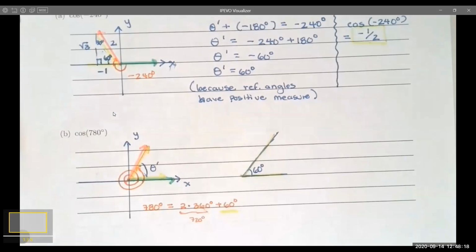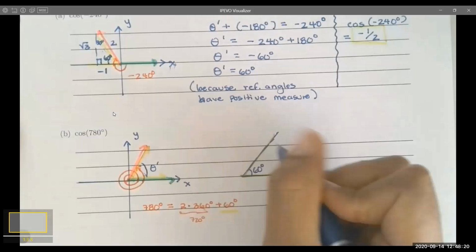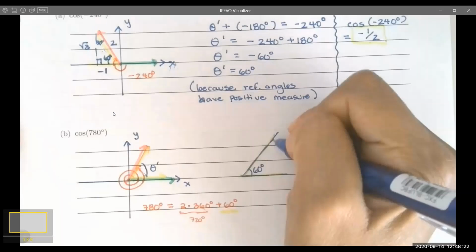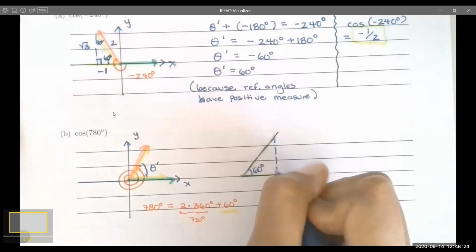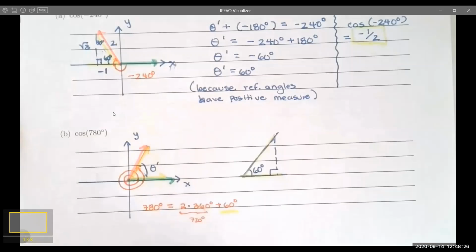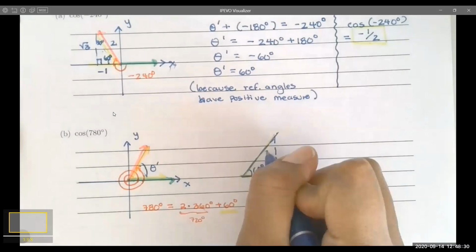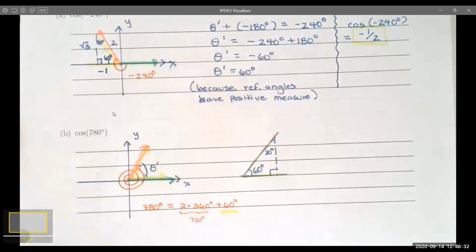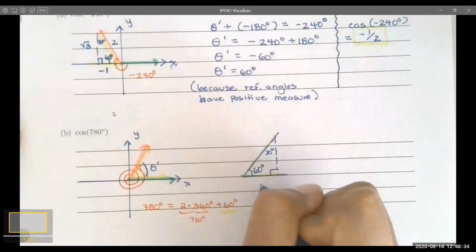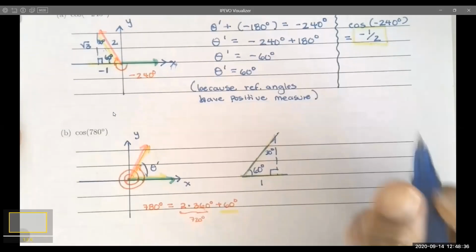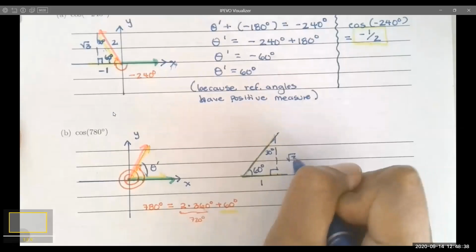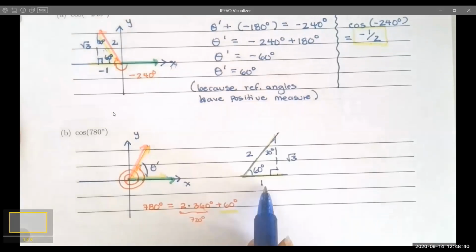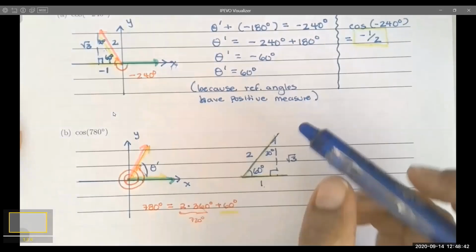Now, based on that reference angle, we're going to draw a right triangle, which means we'll drop down that vertical side. We'll have a 90 degree there, and that'll force the top angle to be 30 degrees. Opposite to 30, we'll have 1. Opposite to 60, we'll have radical 3, and hypotenuse will be twice the smaller side, so that'll be 2.